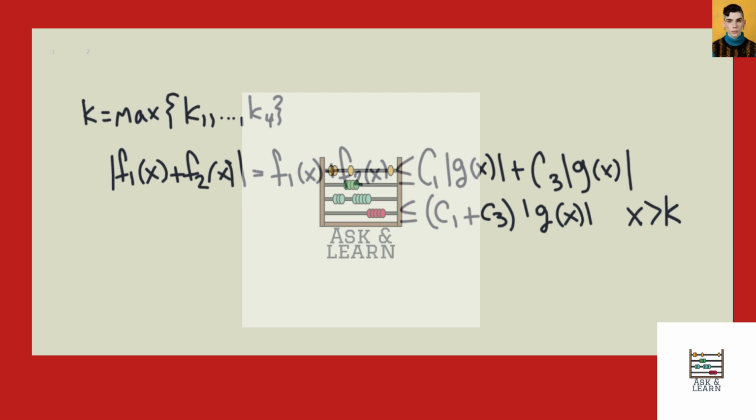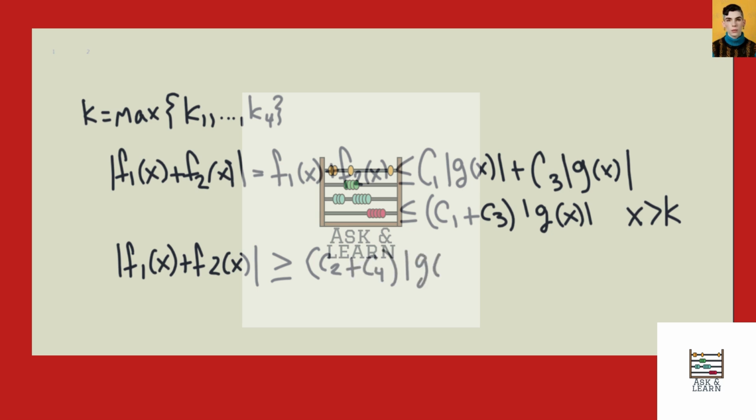Well, by a similar argument, we can also get that the absolute value of f1 plus f2 must be greater than or equal to c2 plus c4 times the absolute value of g when x is greater than k.